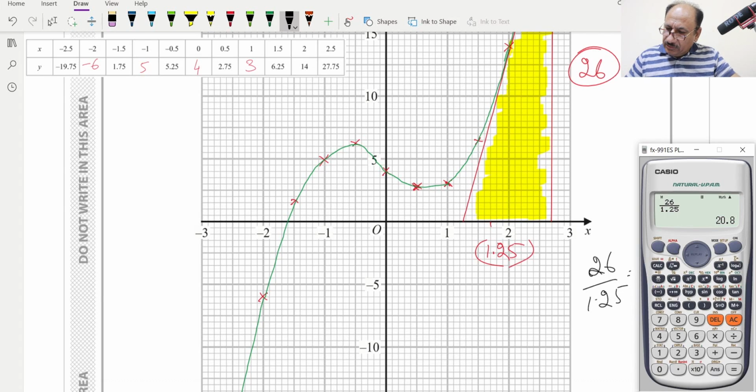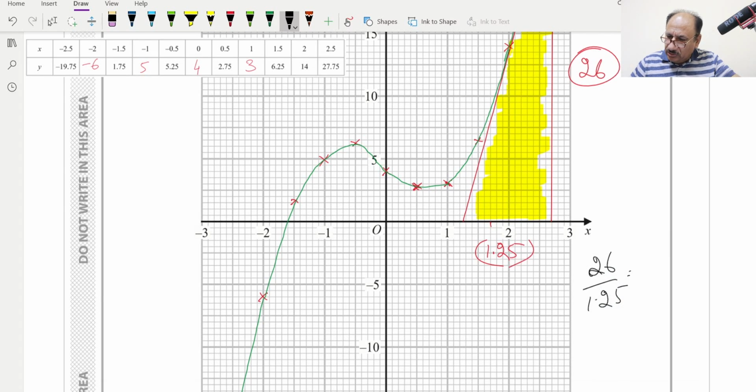So 20.8, or we can write 21. So 20.8 and approximately 21.